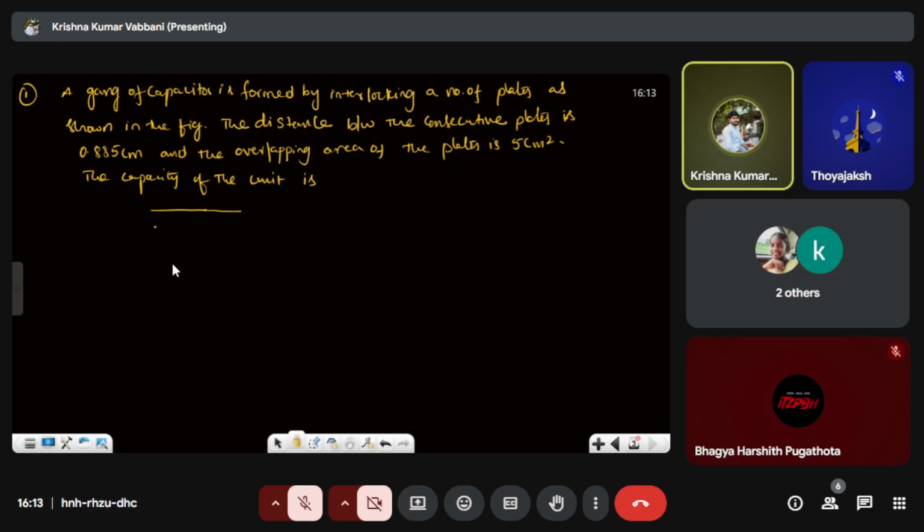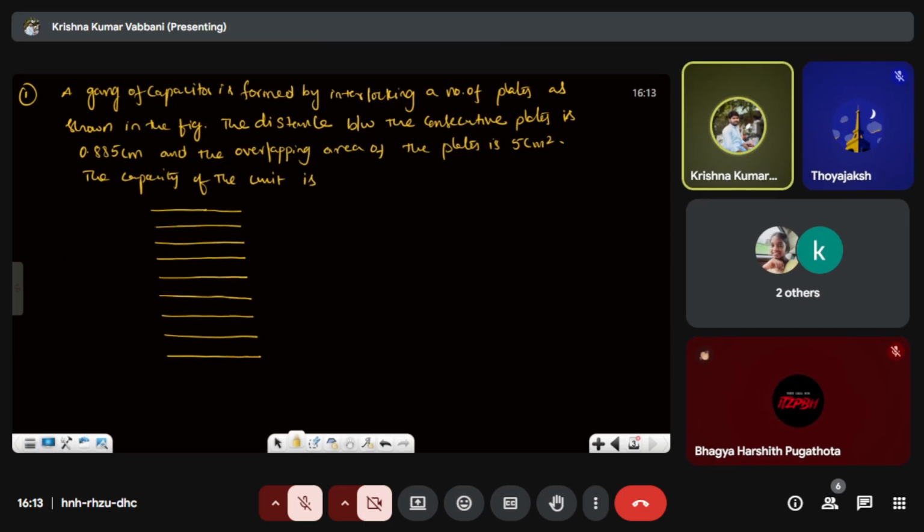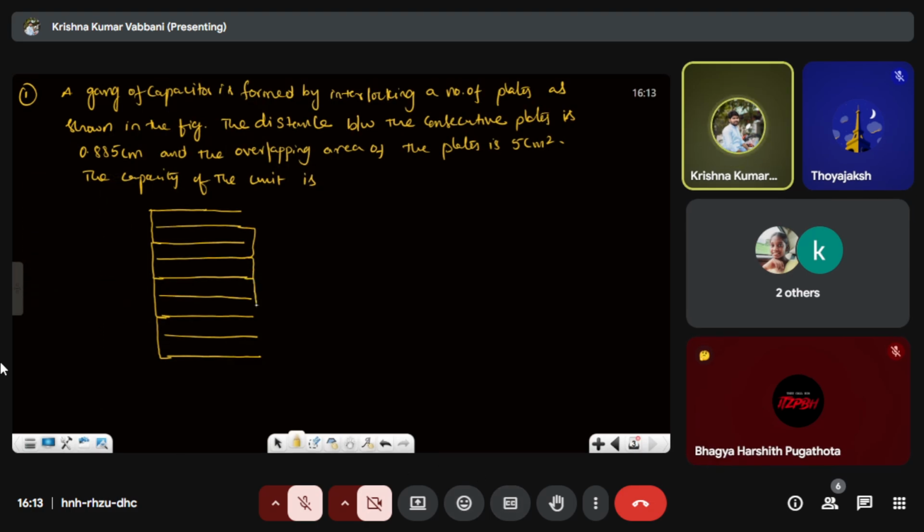Right. So 1, 2, 3, 4, 5, 6, 7, 8, 9. This is connected to this one, and this is connected to this one. Next, this is connected to this one. Has anyone understood this diagram?